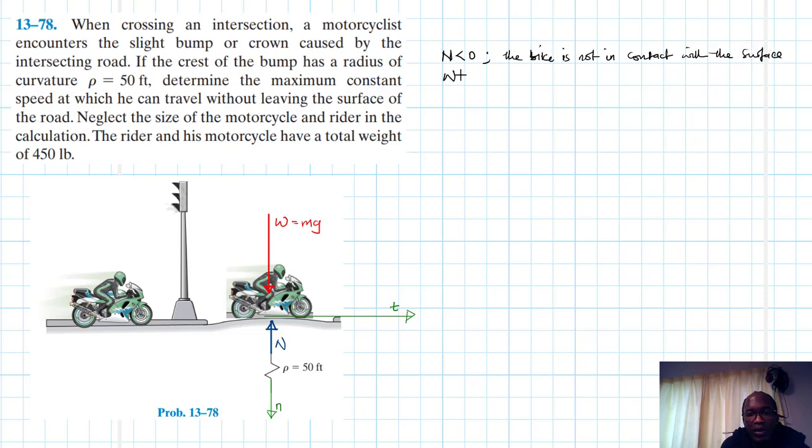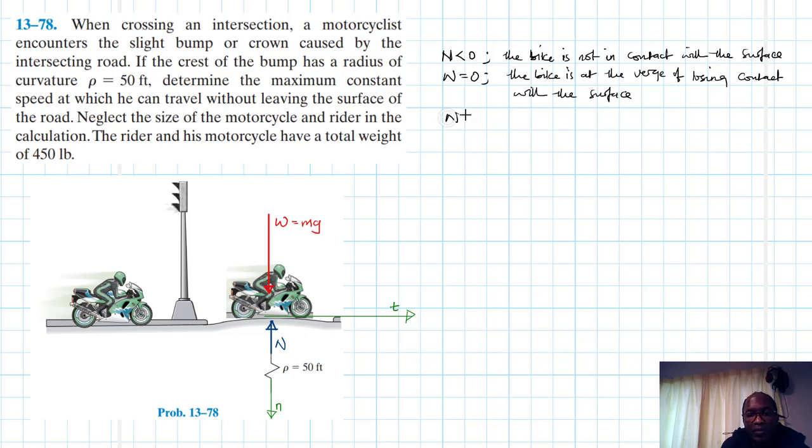Then we have N equal to 0, where the bike is at the verge of losing contact with the surface.